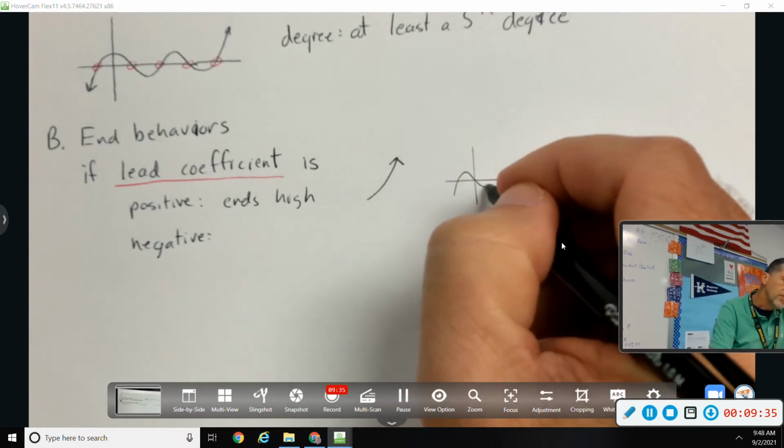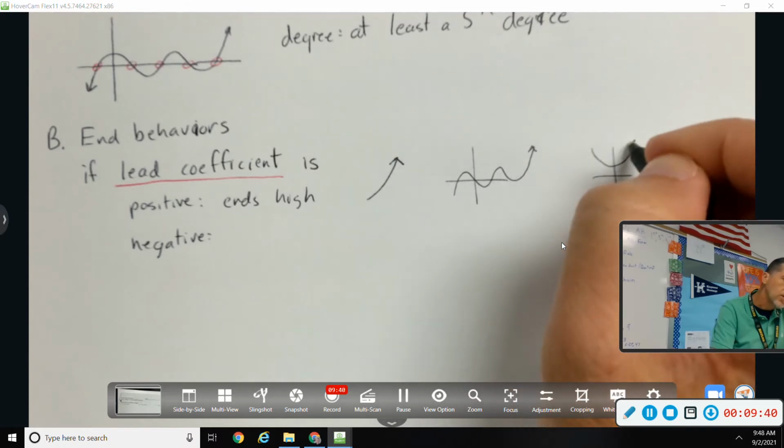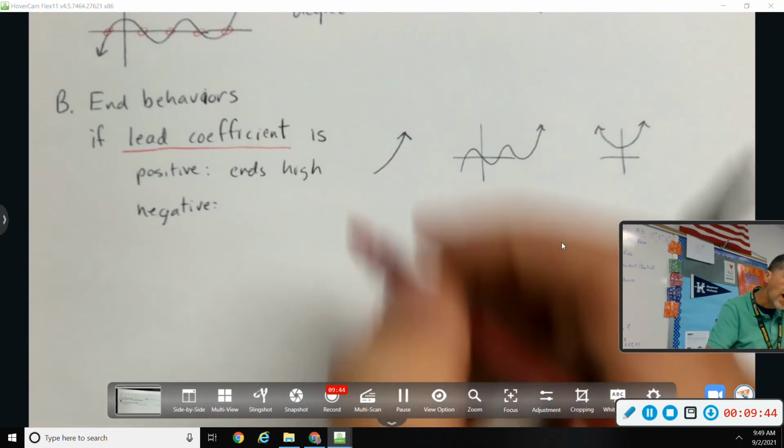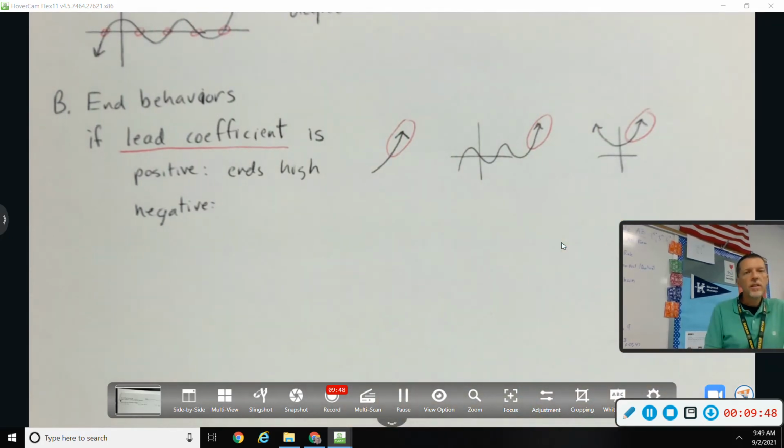So whatever else is happening, it ends up. Maybe it's crazy, maybe it's a simple parabola, but it ends high if the lead coefficient is positive.